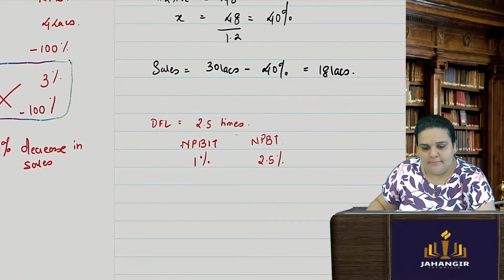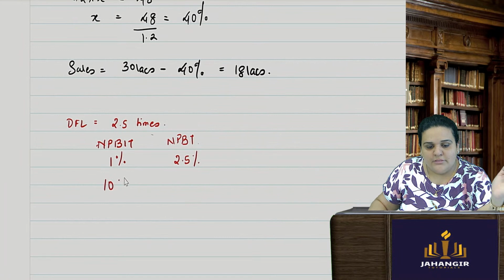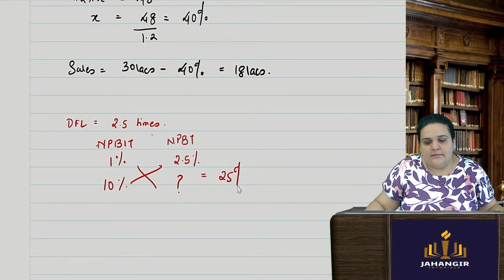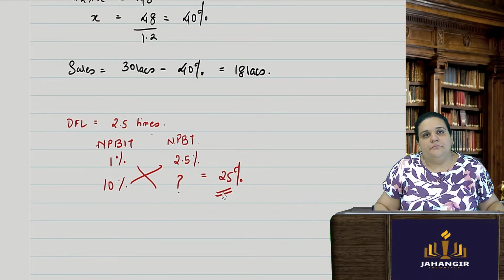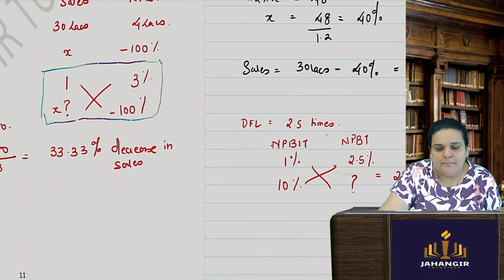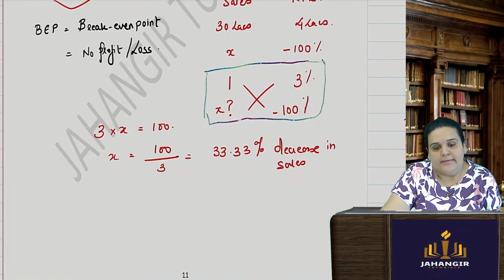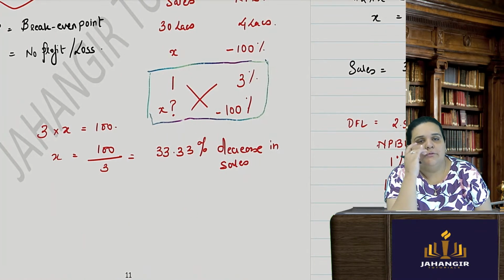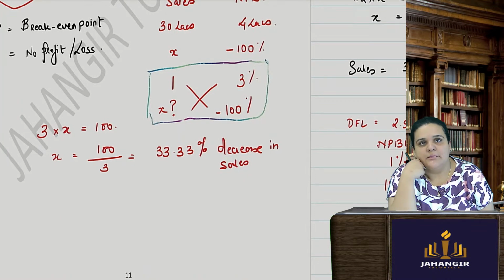So how much is this going to change for? So cross multiply. Simple. It will become 25%. This is direct. So these are the important practice questions from my end. In fact, if you practice this, you will be able to solve all these exam questions.